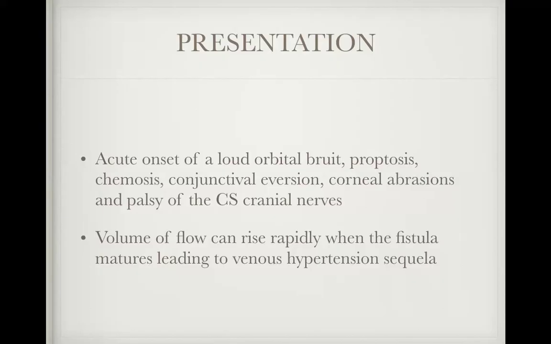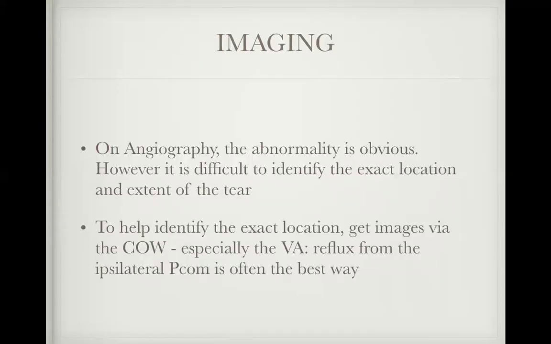And sometimes the volume of flow can rise so rapidly that you begin to see features of venous hypertension and even raised intracranial pressure. And at this time, you definitely need to, should I say, hurry up, to offer management on an emergent basis.